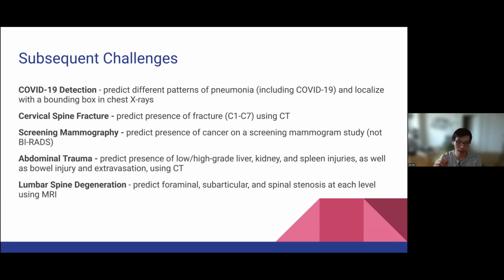You go level by level, looking at the foramen, the subarticular recesses, and the spinal canal, trying to grade mild, moderate, severe. So this was trying to tackle that from an AI perspective. We had people label each level, the foramen, with mild, moderate, severe, and trained models to see which ones were most accurate in predicting that.